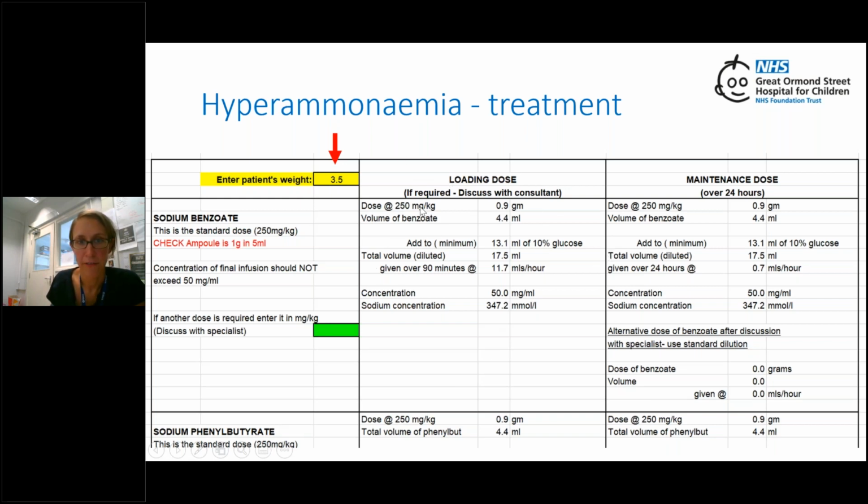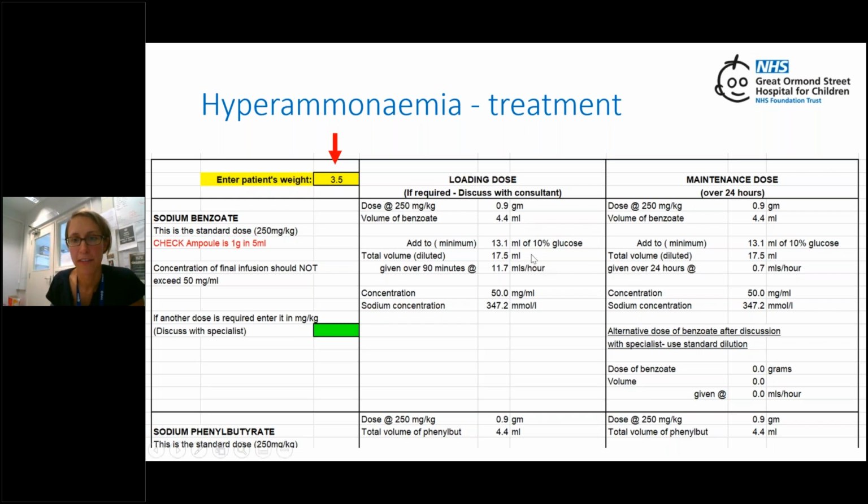It calculates 250 milligrams per kilo for the loading dose and the maintenance dose. If you needed to change the dose, say start the baby on 500 milligrams per kilo per day of maintenance, you can put it into the green box, and it will again calculate for you how you have to make up this infusion.